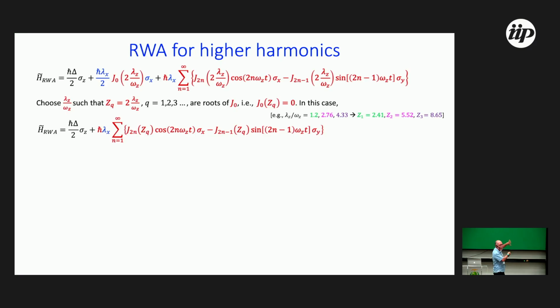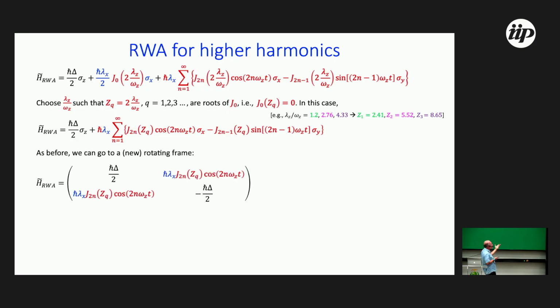So this first term was gone, but then there are the other terms, right? For the other terms, I do the rotating wave approximation. And by the way, here are the several values of this ratio for which you would get zeros of those Bessel functions. So same story. Let's focus, say, on this one here. Forget about this for a second.